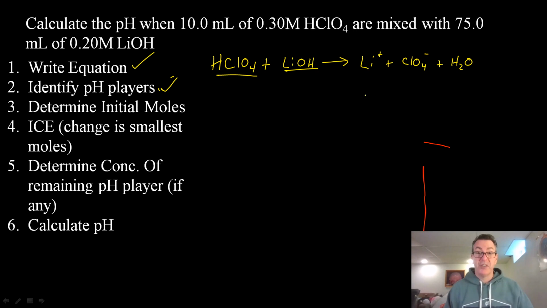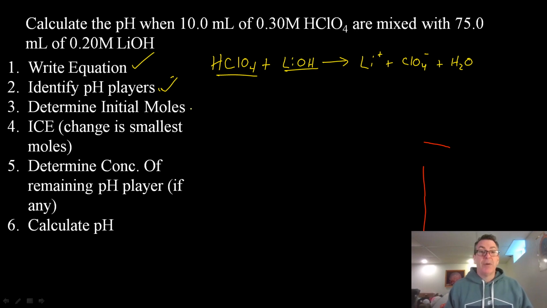They are the strongest substances you can have in water. That means these are so weak, they're actually weaker acids and bases than water. The only time you'd worry about the water over here is if it was the only thing left in solution. If everything else had gone away, then the water would just give you a pH of 7. But water typically is not a pH player if there's anything else that's stronger than water in that.